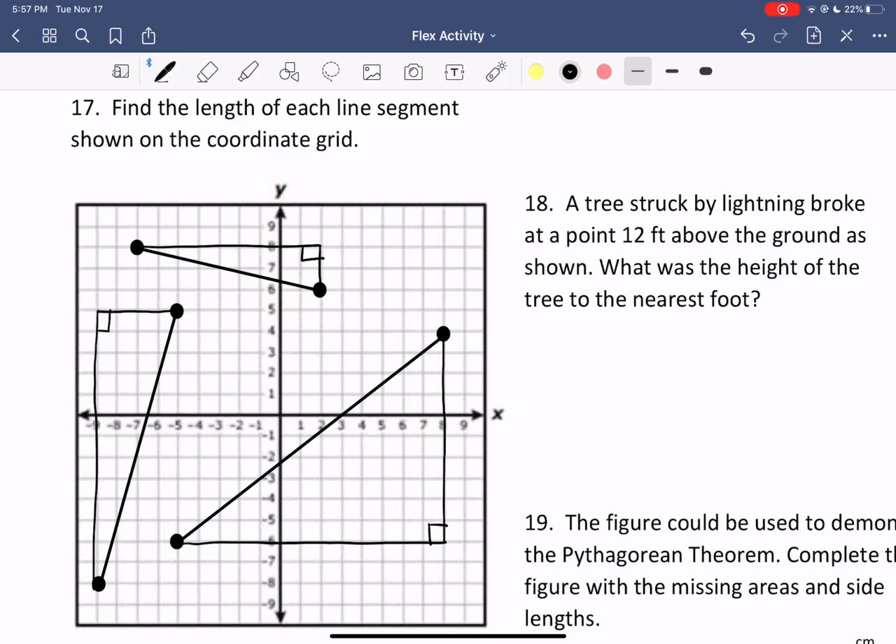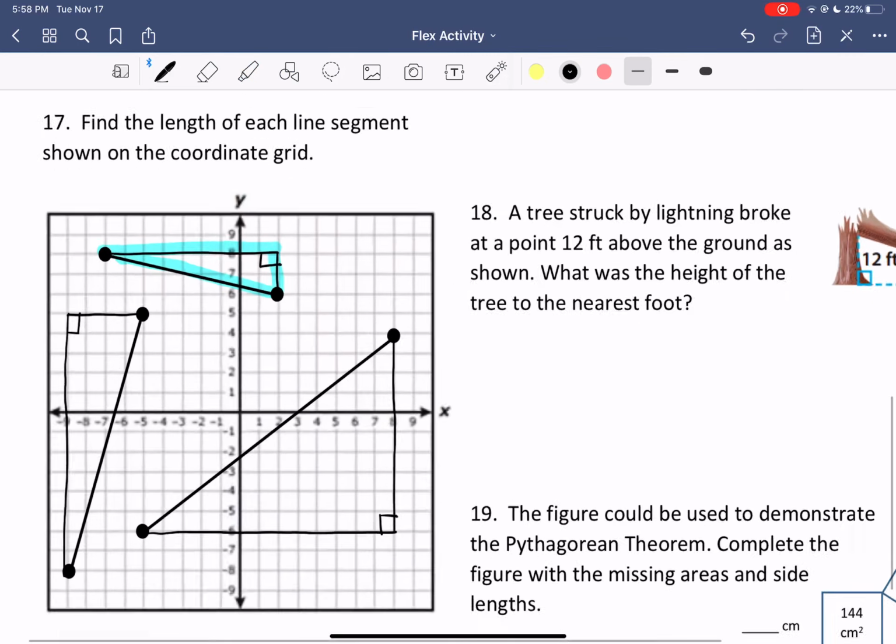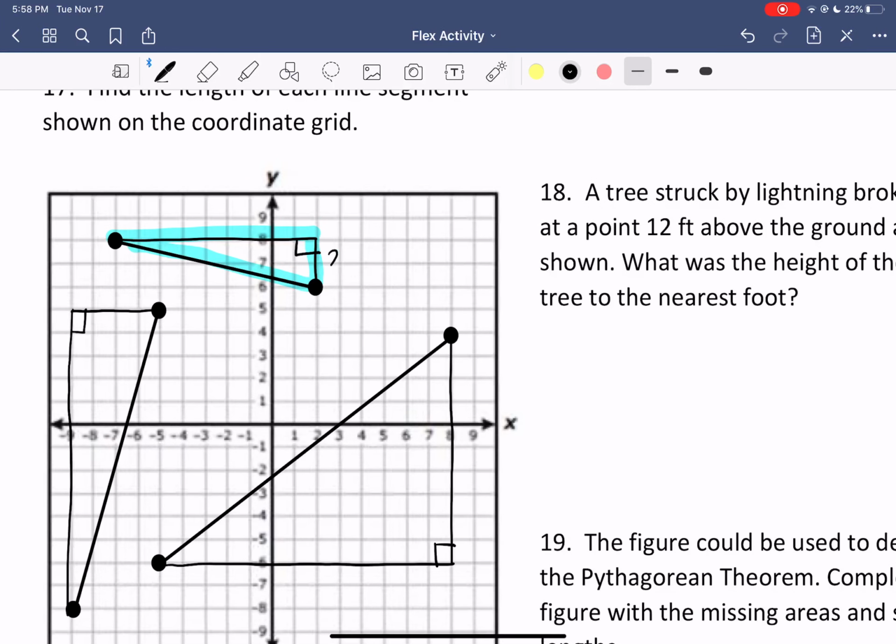So I'm going to start with this one up here. So we have this side length, which is going to be 2. And then this side length, making sure to count each of the individual boxes, 1, 2, 3, 4, 5, 6, 7, 8, 9.